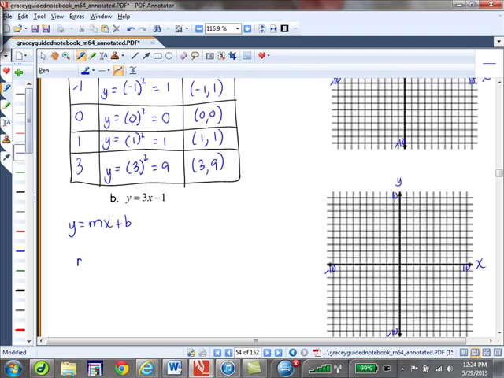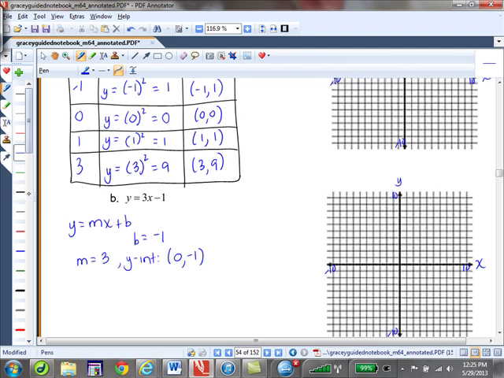So the slope is 3, and the y-intercept is the ordered pair 0, -1, because b is -1.